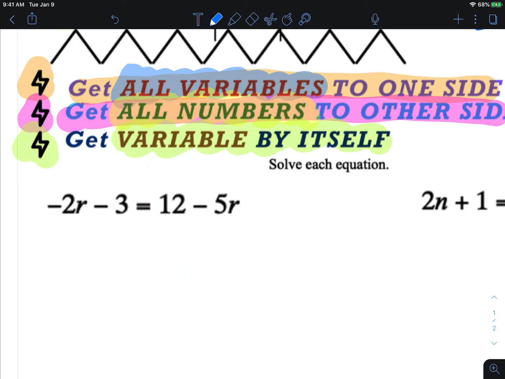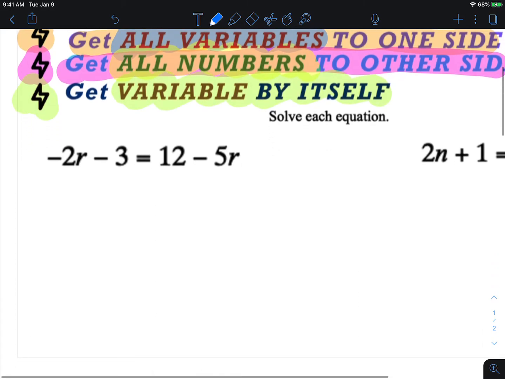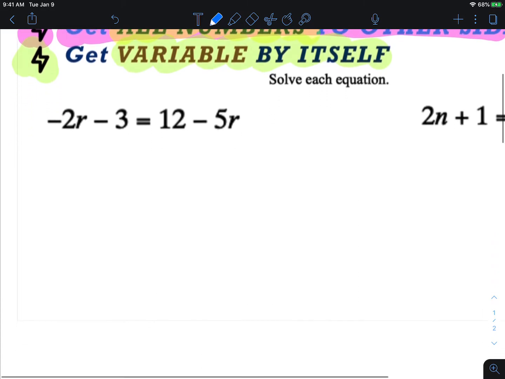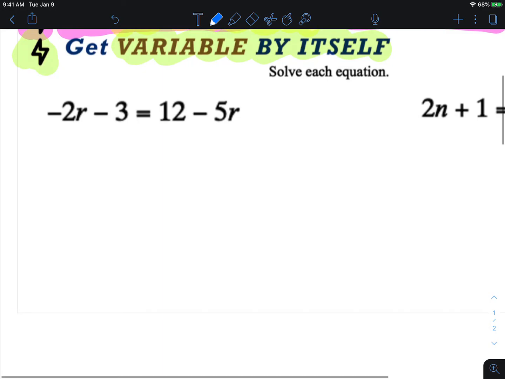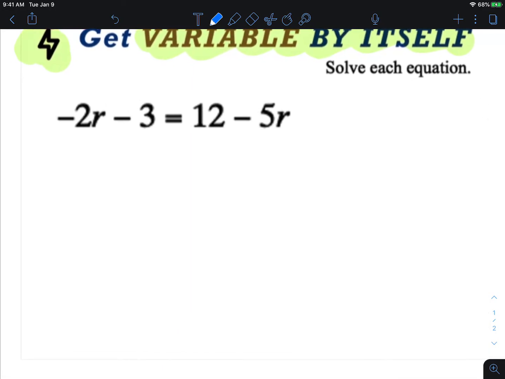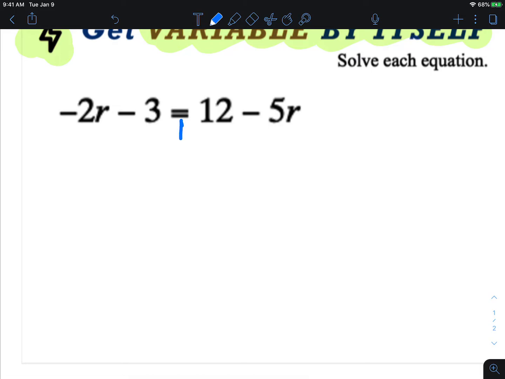Everybody please take notes. We always start with our line of separation under the equal sign, all the way down here.